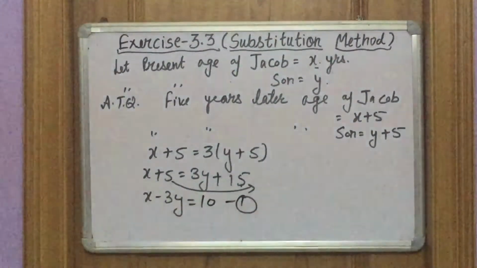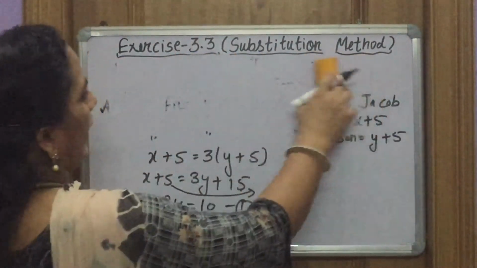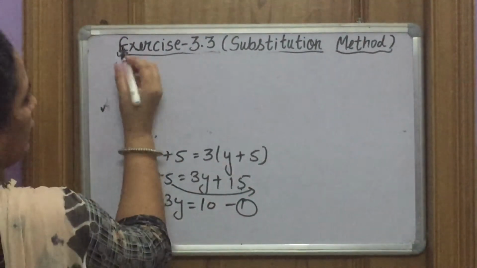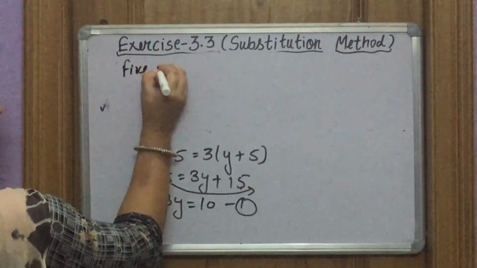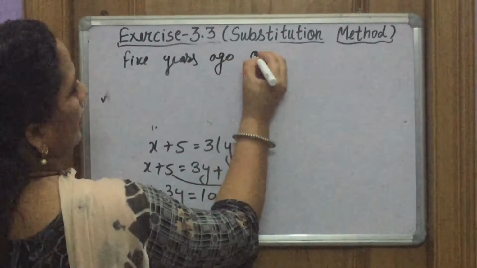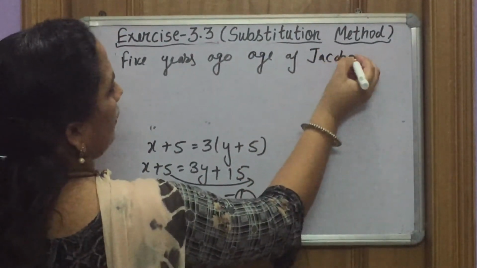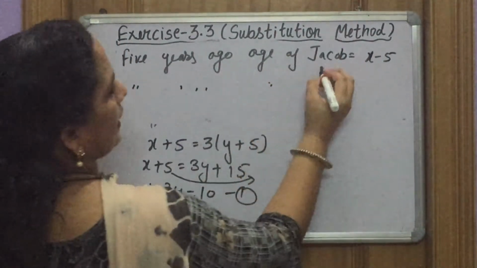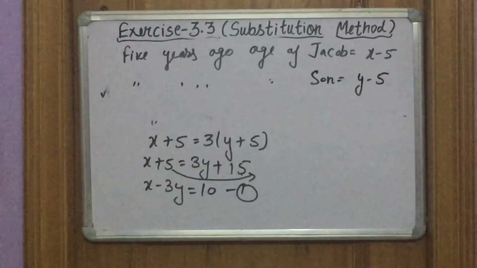Next term is 5 years ago. 5 years ago, that means we have to subtract 5 in both of the terms. So 5 years ago, the age of Jacob will be x minus 5. Similarly, 5 years ago, the age of his son will be y minus 5.